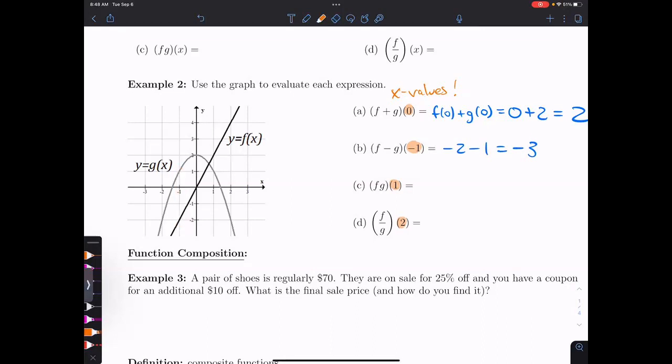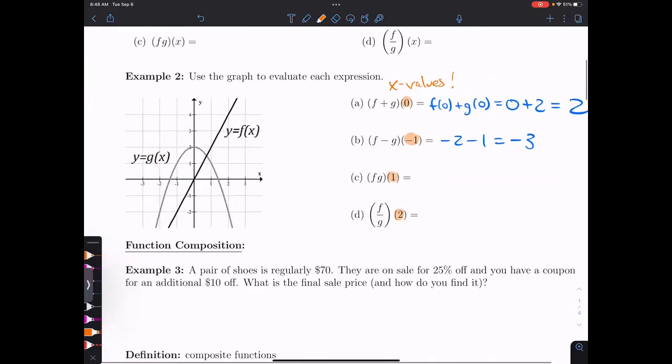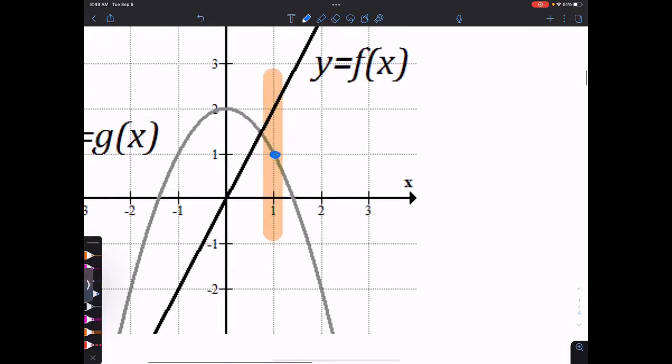C, we're going to look at the x value 1. So right there. What is f when x is 1? Two. And what's g when x is 1? One.